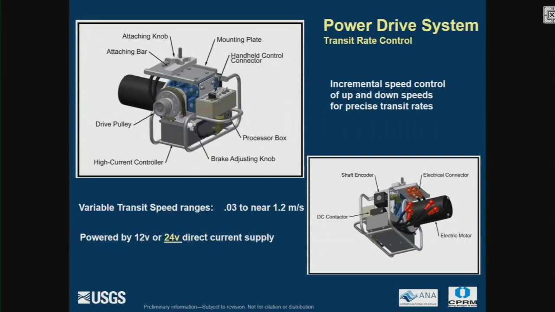So that's the maximum, and this has been one holdback, but our Hydrologic Instrumentation Facility has revamped this system and made it better over the last couple of years. And so now it will operate some of our heavier samplers at a higher rate. They beefed it up a little bit from the original design.